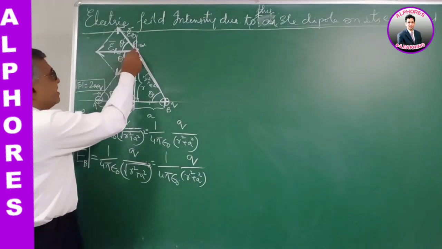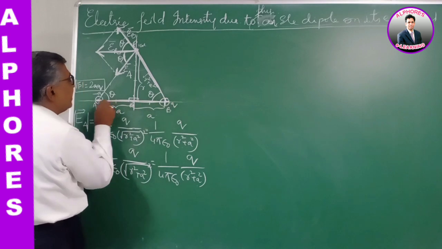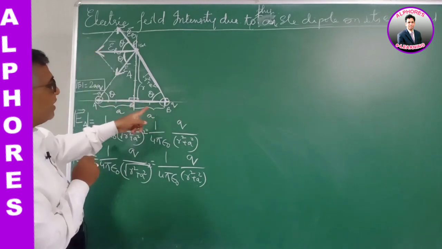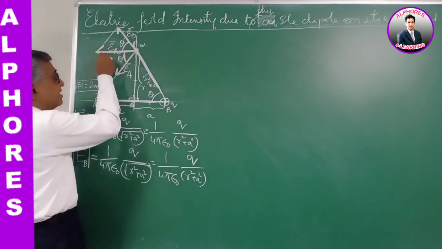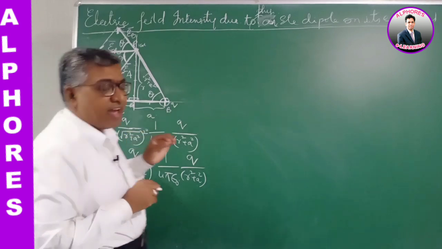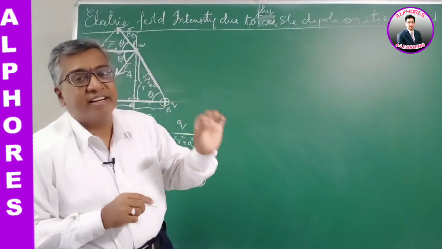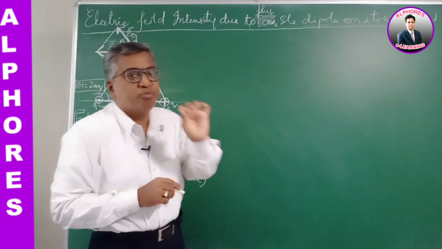That is, this resultant field is parallel to this line AB. So the resultant electric field strength will be parallel to AB. And even the direction is like this, from B to A. But you know our dipole moment. I was telling you the electric dipole moment is a vector quantity and the direction of the electric dipole moment will be from negative charge to positive charge.